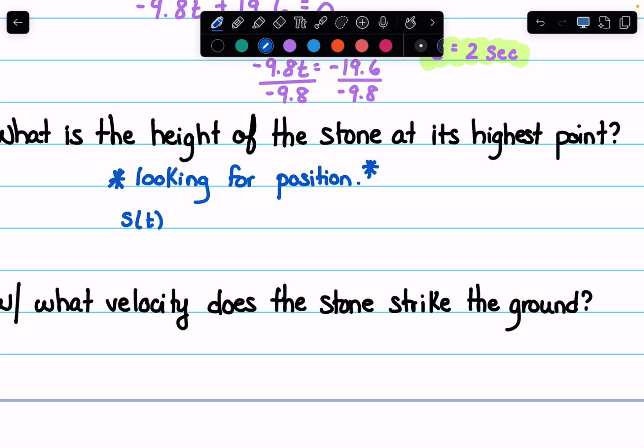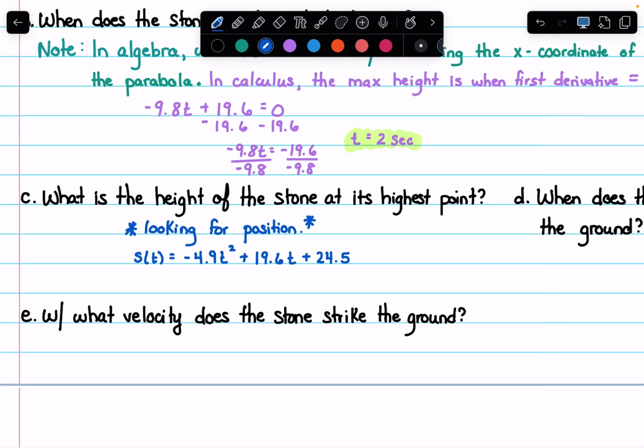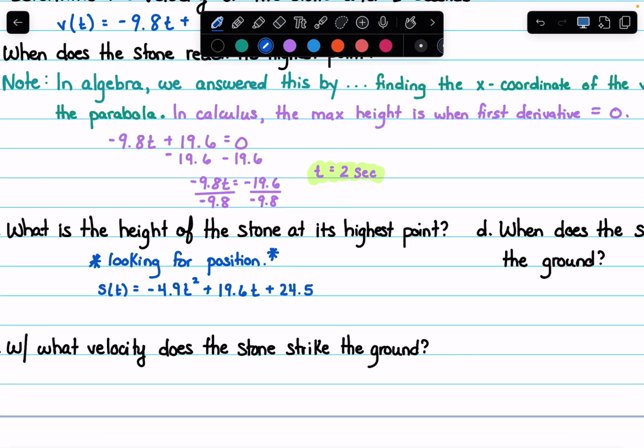I'm just going to write the position function: negative 4.9t squared plus 19.6t plus 24.5. Okay, well, we have to know what t is at the highest point. What is it? 2, right here. We already found it, right? We know the stone reaches its highest point at 2 seconds.